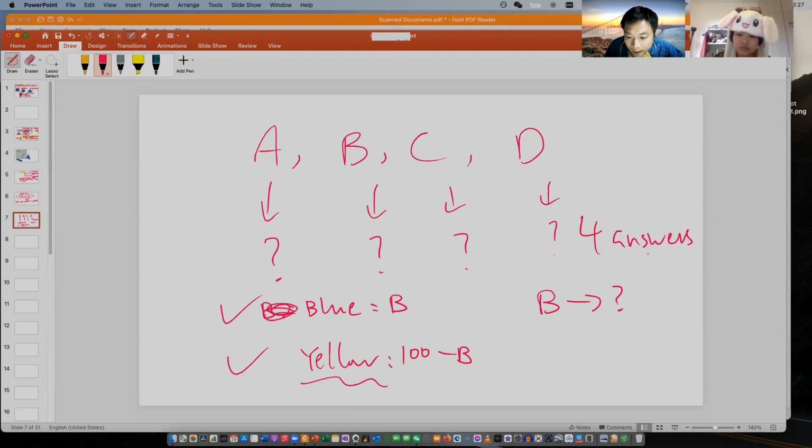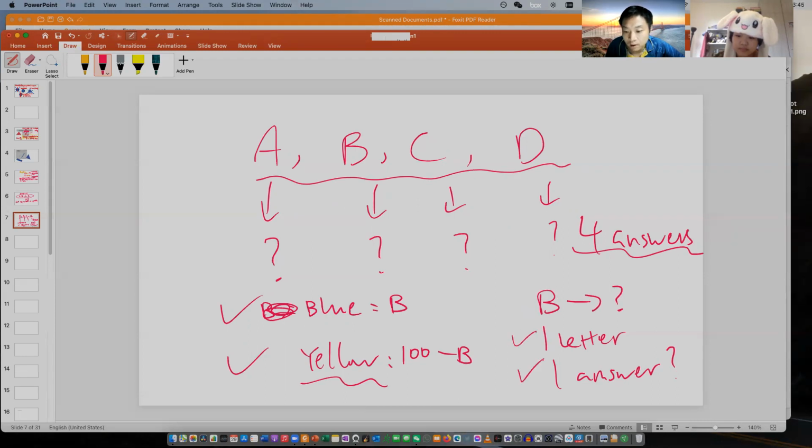So compare these 4 letters, 4 answers, with 1 letter, 1 answer. Which one is easier? Of course, you should take the 1 letter, 1 answer.